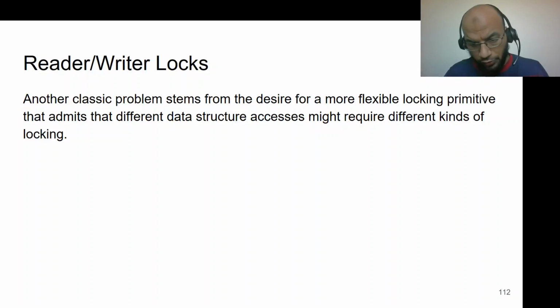A Wikipedia entry, for example, is any page on Wikipedia. When you look it up, there are probably millions of people who can read that document at the same time. On the other hand, the number of people who actually write to that document is probably in the order of 5-10 people.